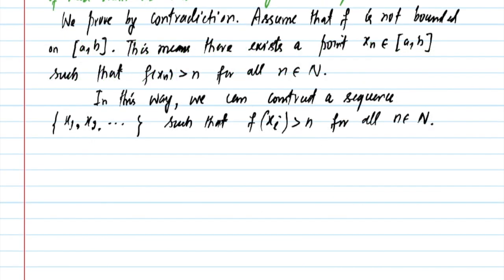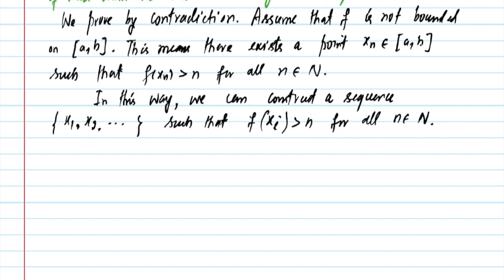Now, since every point of this sequence x1, x2 and so on, they all belong to this closed interval a b, so therefore this sequence is a bounded sequence. तो इसका सबसे जो largest term होगी, it can be at most the point b, और इस sequence में जो सबसे smallest possibly value होगा, it will be the point a.